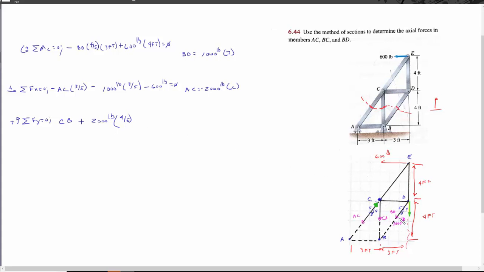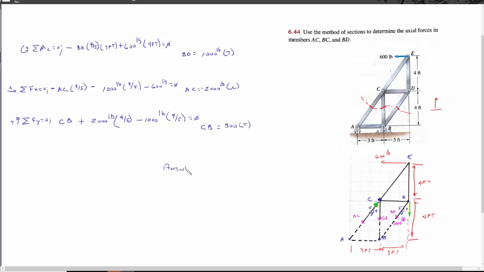And then the last one was BD, and that's actually going down. That came out to be in tension, so it's still going down, so I'm going to subtract 1,000 pounds times 4/5. And that's all equal to 0. So plugging that into my calculator, I get that to be 800 pounds in tension.